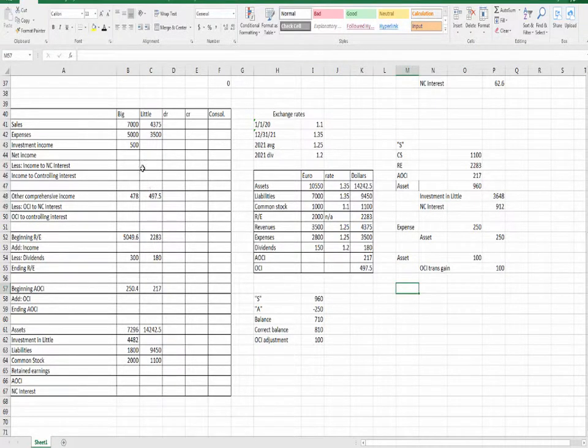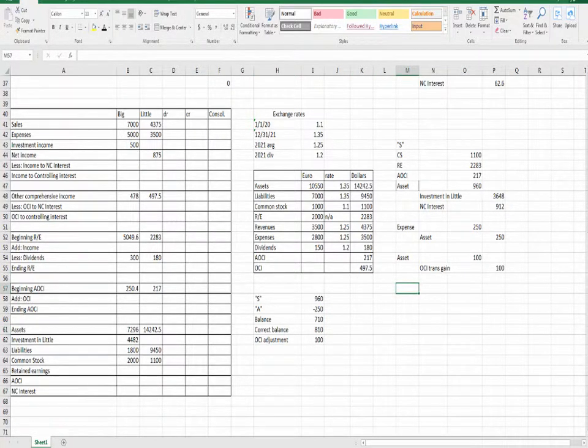Okay. Income. Little had reported earnings of $875 in dollars. Again, whether you want to put it formally in the income statement or whether you just want to subtract revenues minus expenses, no matter how you cut it, they've got $875 of income.